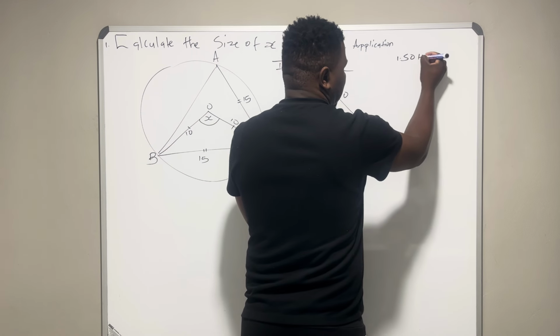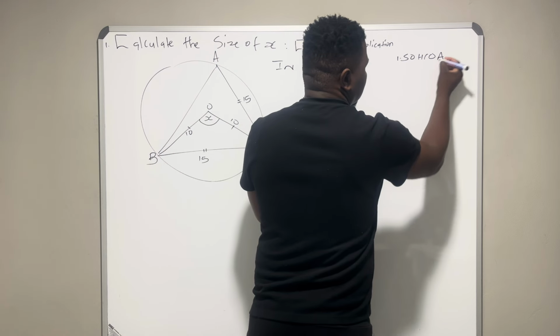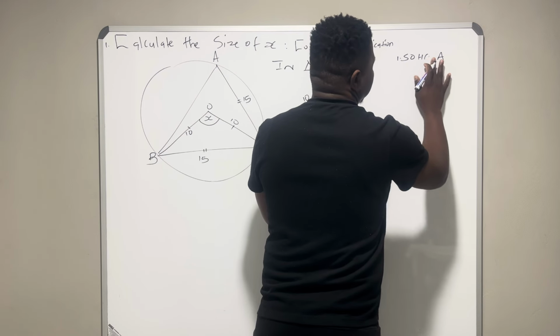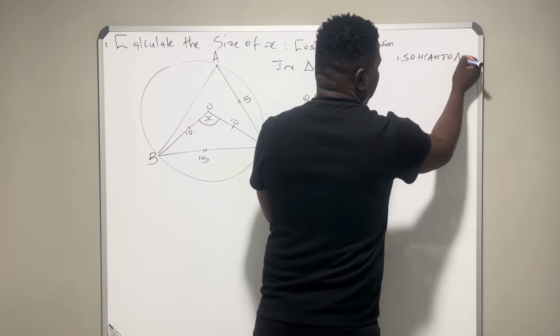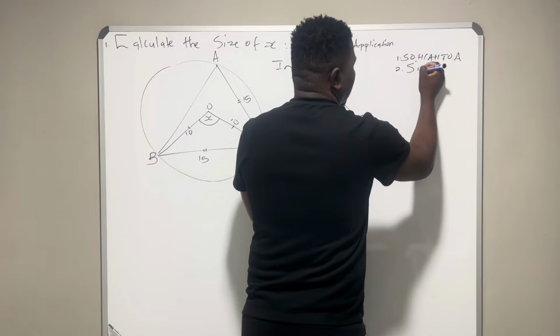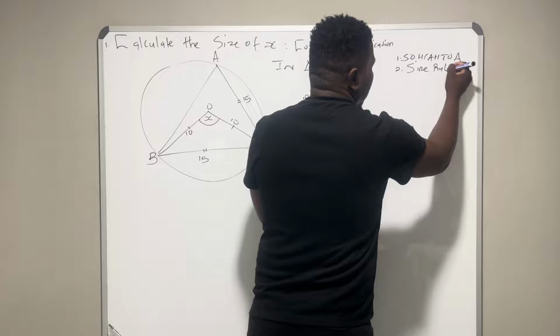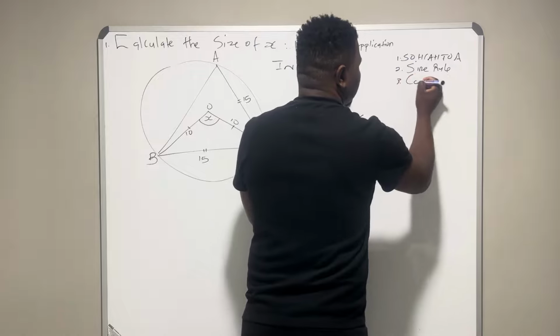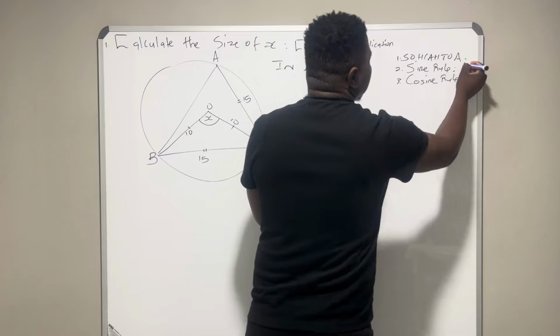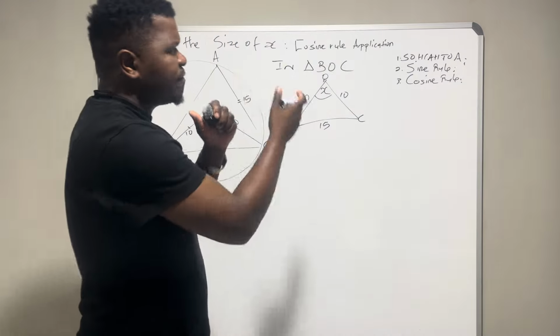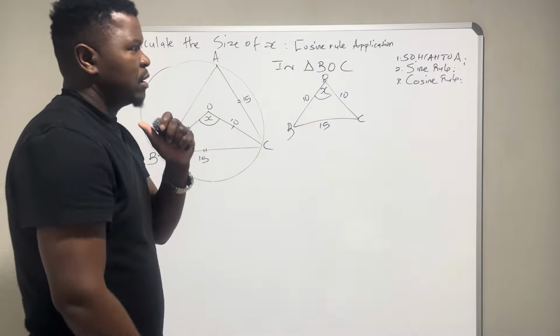Previously, we indicated SOHCAHTOA, sine rule, and cosine rule. Why am I writing this? 2Ds and 3Ds, they all forever rotate amongst these.